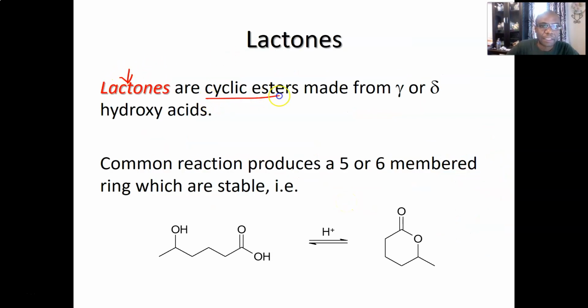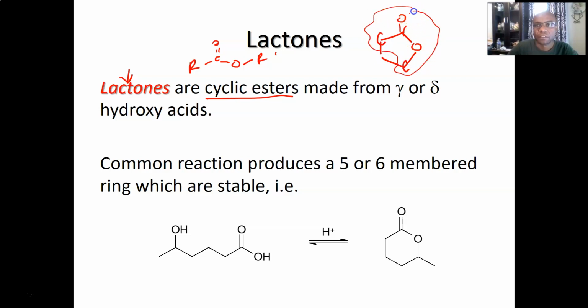Lactones are cyclic esters. So far we've just been looking at chain esters, right? But you can have a ring of whichever size that has an ester in it. As you can see, that's an ester group. So whenever the ester is within a ring, we call that product a lactone. Okay, and lactones are used in drugs.